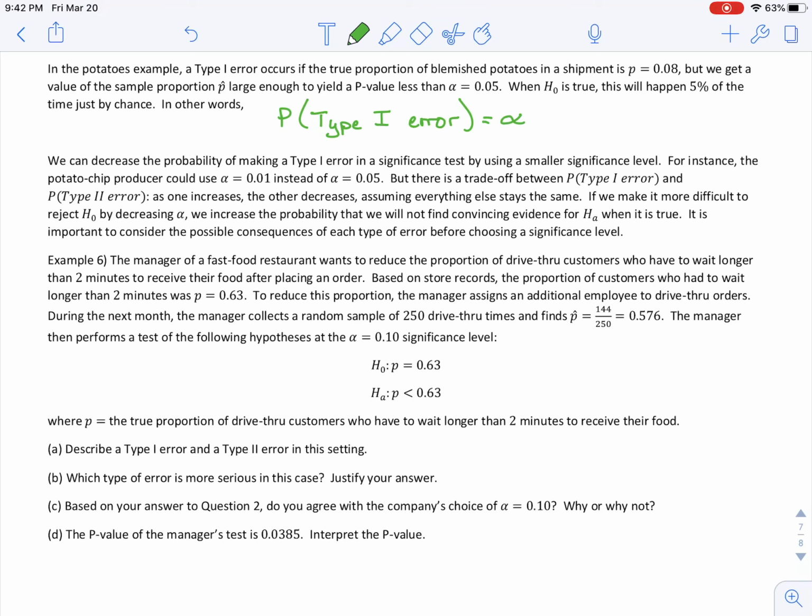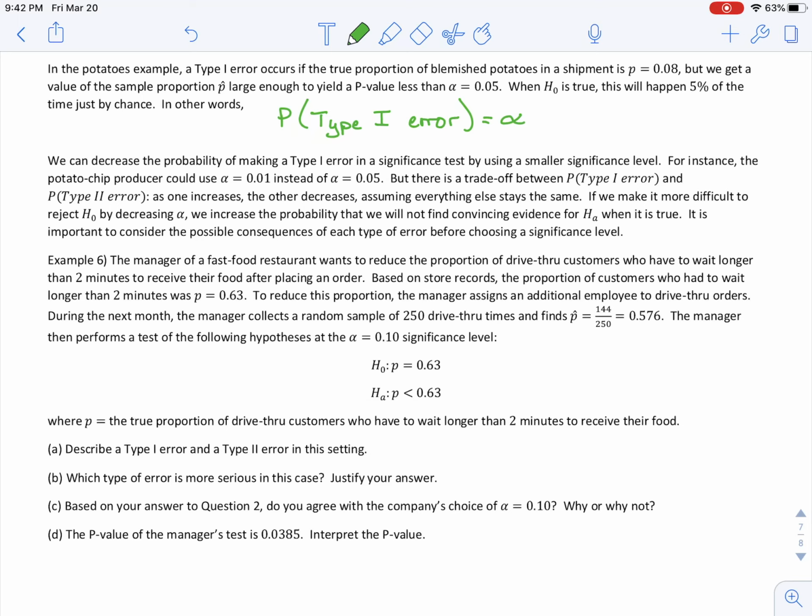You can decrease the probability of making a type 1 error, if you're like, nope, I really don't want to make a type 1 error, by just using a smaller significance level. For instance, this potato chip producer could have used 0.01 instead, but there's a trade-off. As one increases, the other decreases, assuming you don't change sample size and other things.